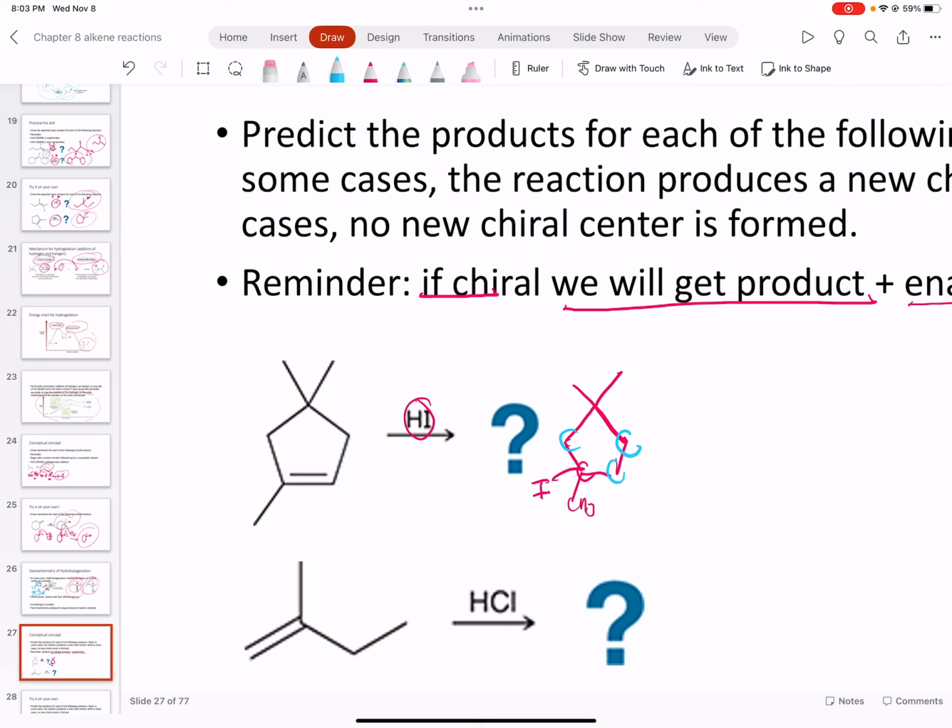Here I have a CH2, but in here I have a carbon. Therefore, I have a different group. So this one's connected to iodine, this one's a different group, this one's different, and this one's different. I ended up creating a chiral center.